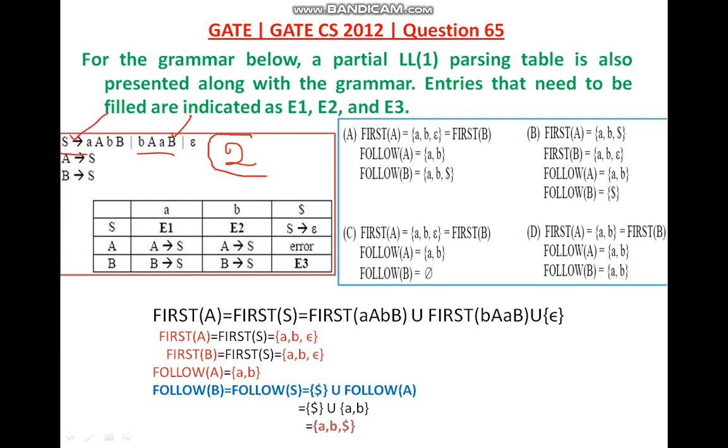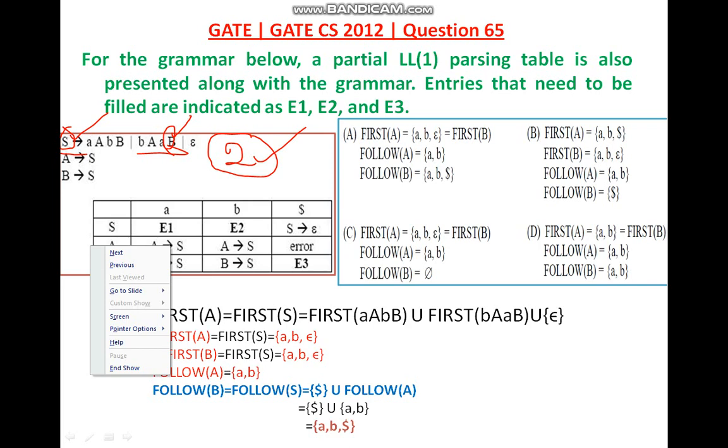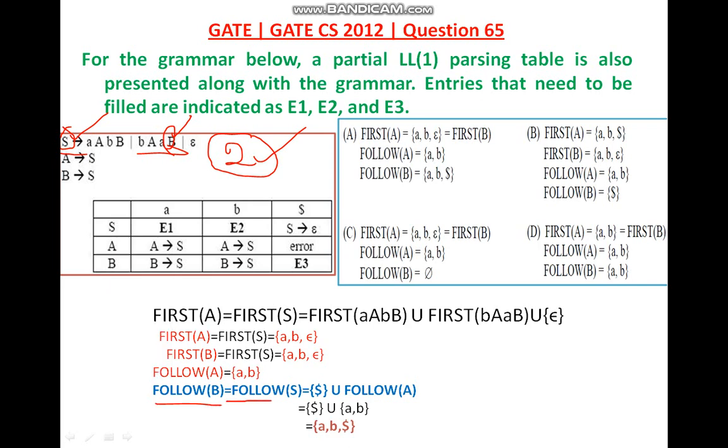I have already discussed this rule in my earlier videos on how to calculate follow of variables. If you haven't watched that video, please watch it so that you can easily understand how I am applying this rule. By rule number 2, follow of B would be follow of S.